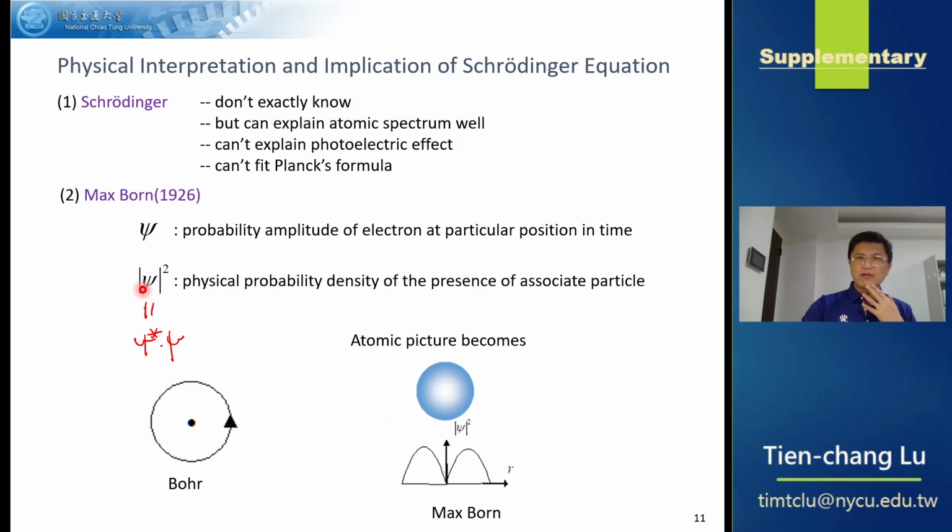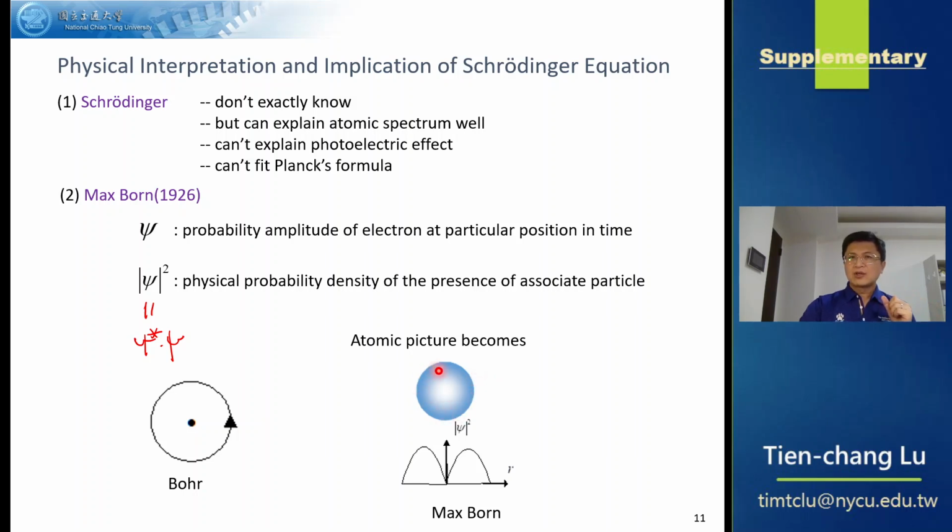interpret the wave functions as a probability density, the orbit is not a correct picture of the electron movements. Instead, the atomic picture now becomes like a cloud of electrons.